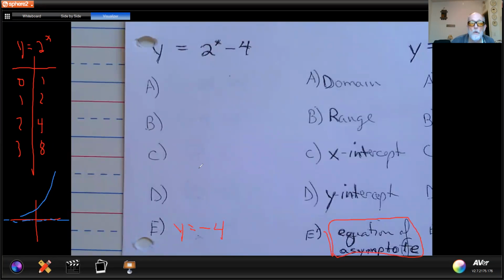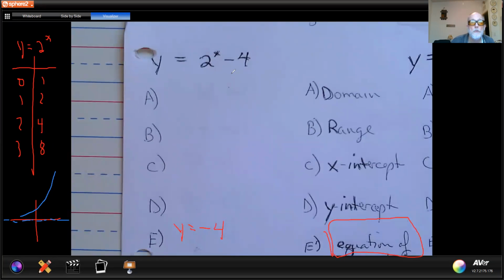Why is that? Because this guy right here just moves it down. We're not moving it sideways at all. So that means that the graph now is 4 lower than it was before.